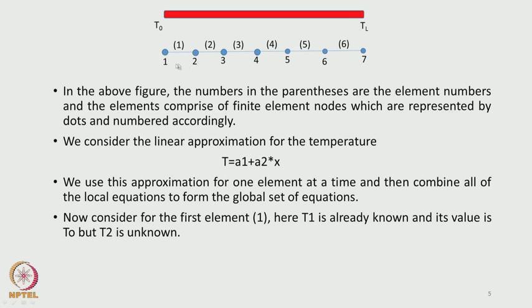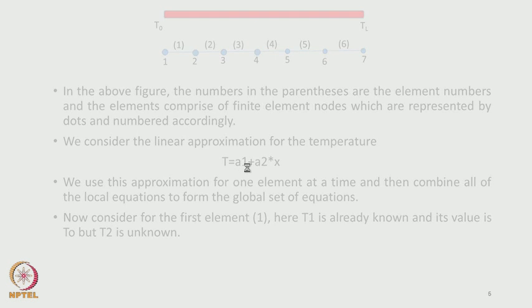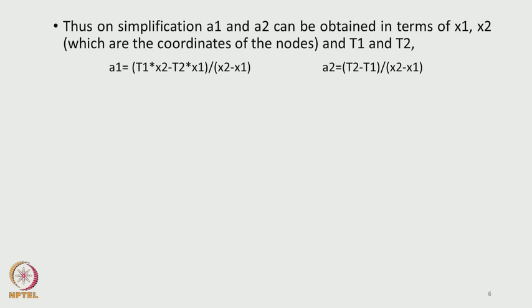So, from this condition, you can substitute in this linear approximation and evaluate coefficients A1 and A2. Let us see how to do it. We will get A1 as T1 into x2 minus T2 into x1 by x2 minus x1, and A2 as T2 minus T1 by x2 minus x1.